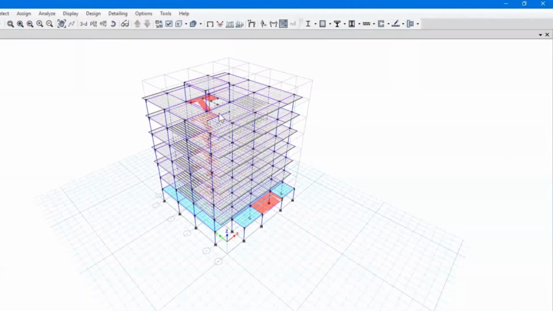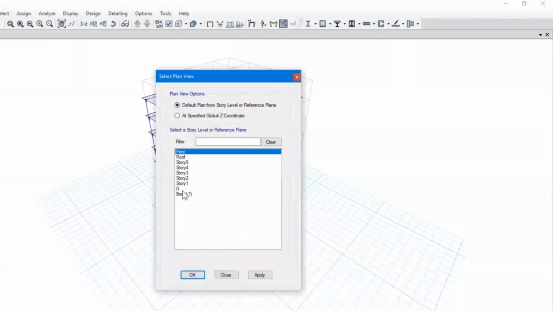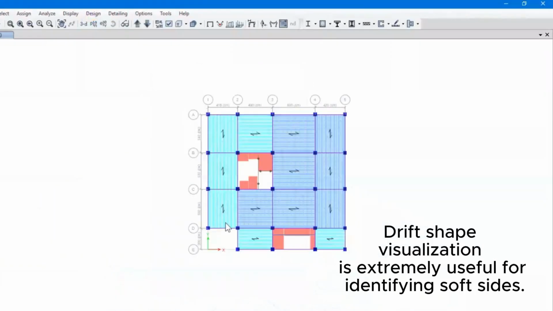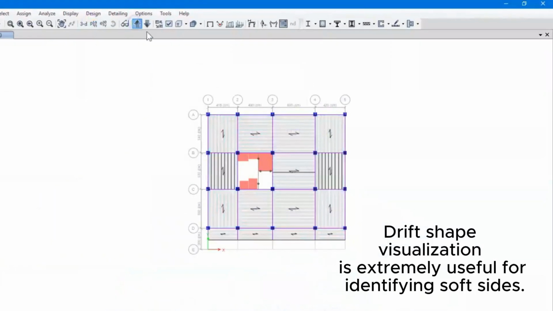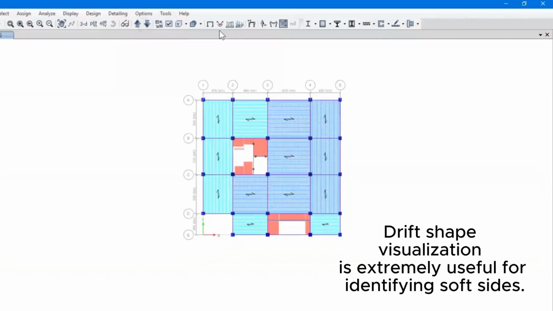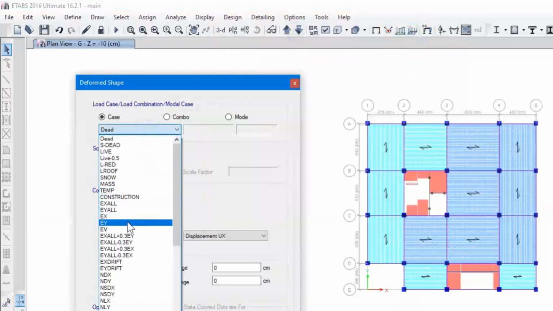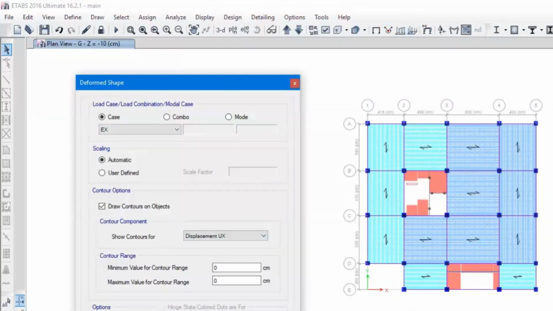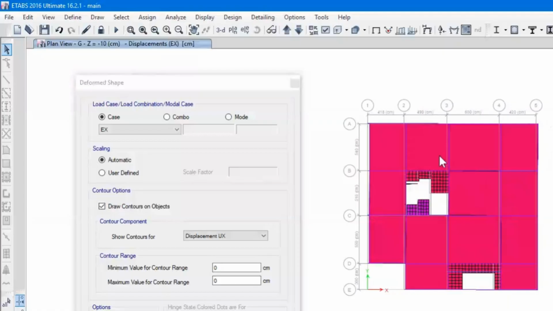have that extension. Now let's visualize the deformed shape of the structure under X loading without accidental eccentricity. I'll increase the deformation scale factor so the behavior becomes clearer. Notice that one side of the plan experiences significantly larger displacement.